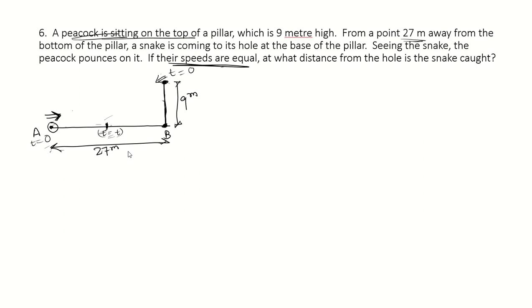During the t seconds, since their speeds are equal, they both travel the same distance. Let's say the snake has traveled x distance, from here to here. Let's say this is x.